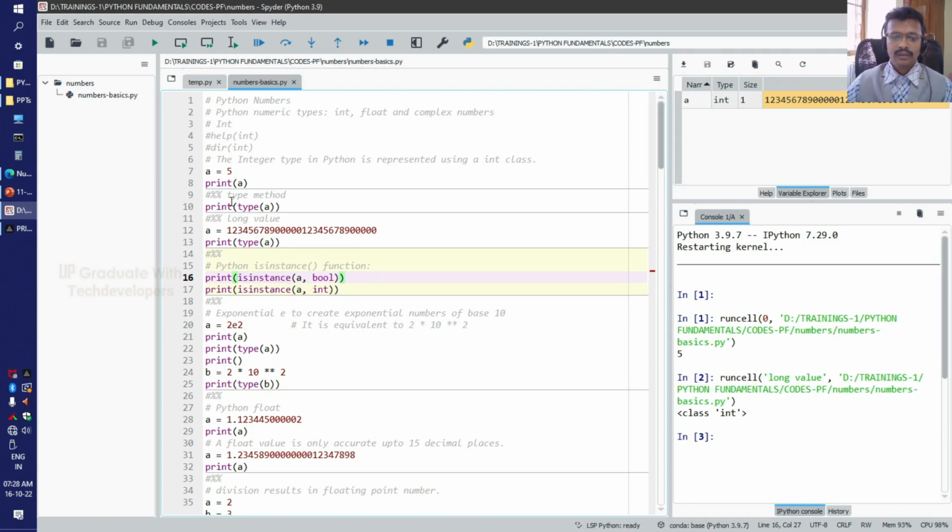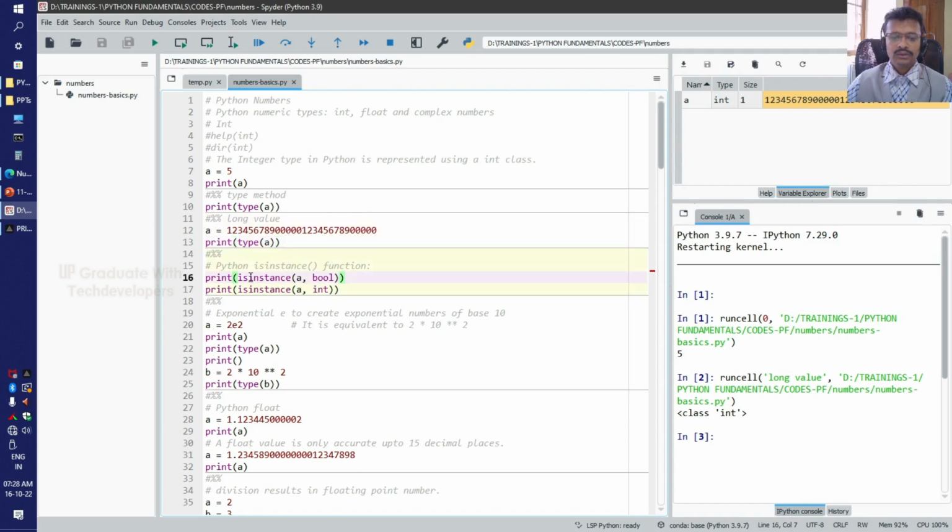For example, here I have entered a. We know that the interpreter or the program flow will look for the recent value available for the particular variable. So here for a we have this long integer.